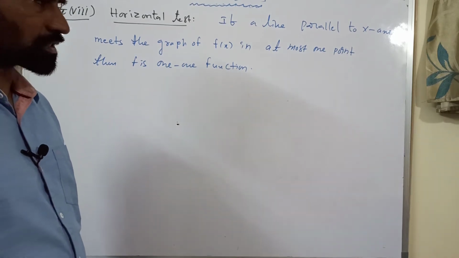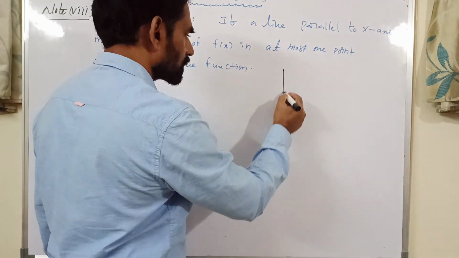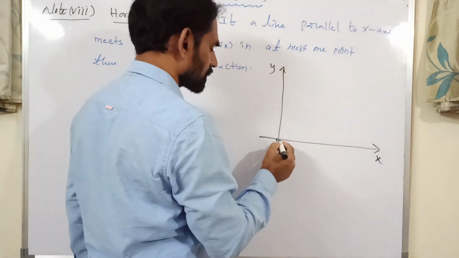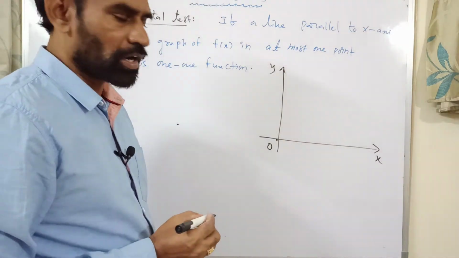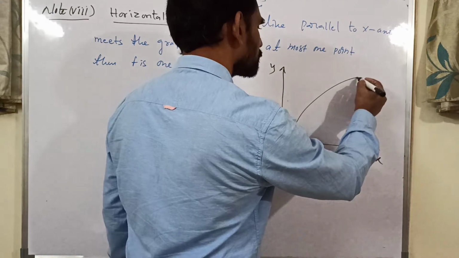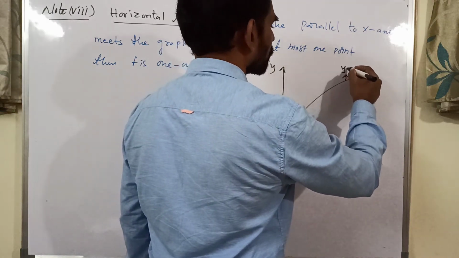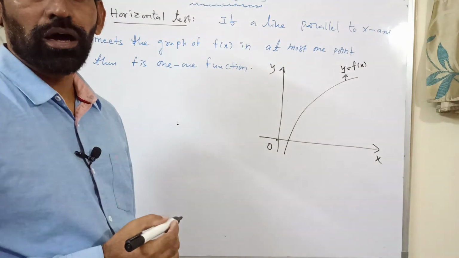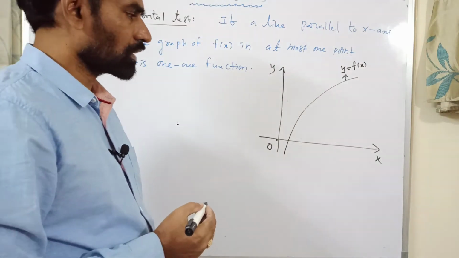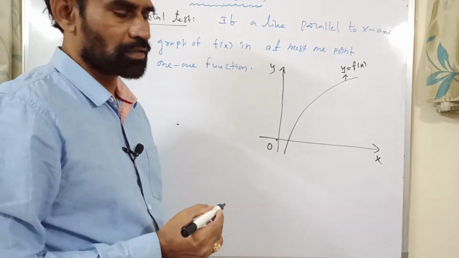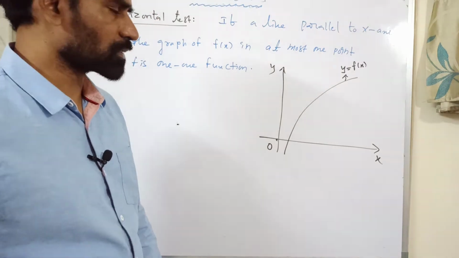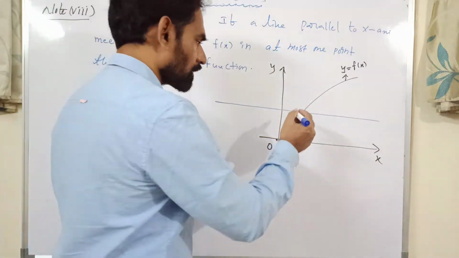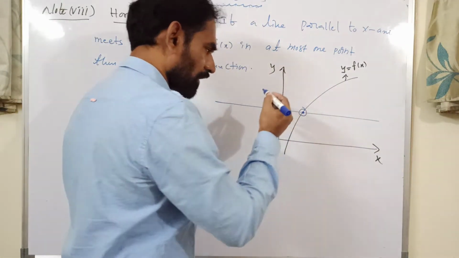Horizontal test means, for example, observe the diagram and you can understand. This is the x-axis, this is the y-axis, this is the origin. I am drawing the graph like this. This is the graph of y equals f of x, the given function. Draw a horizontal line, parallel to the x-axis, which meets the graph at only 1 point, exactly 1 point.